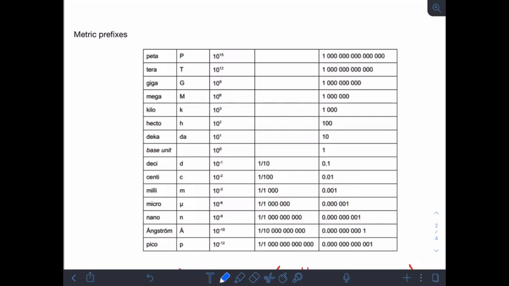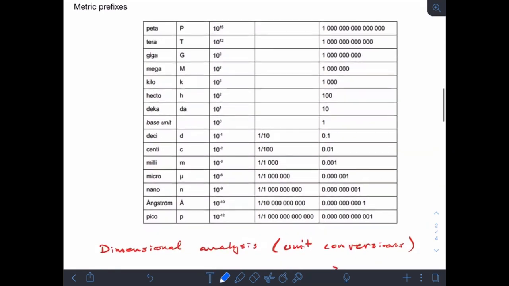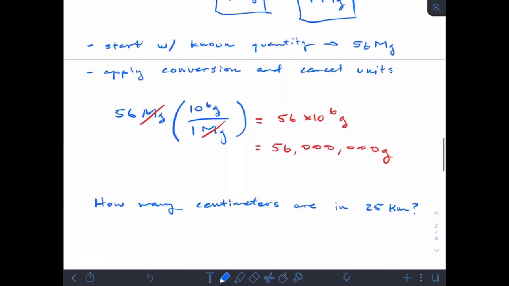So I can approach this problem the same way and just do it in 2 steps. 1 kilometer is 10 to the 3 meters, and 1 centimeter is 10 to the minus 2 meters. So let's show how to do that.